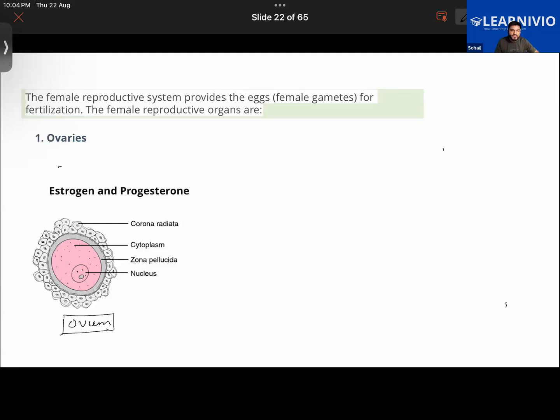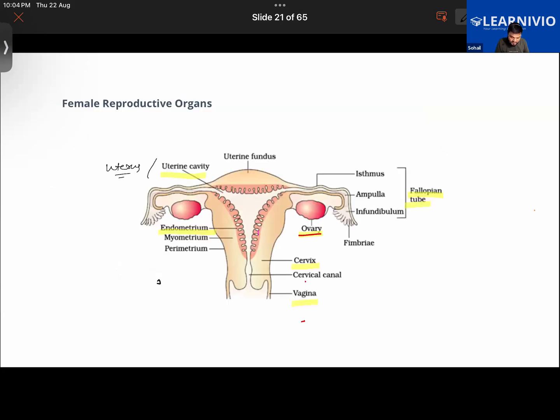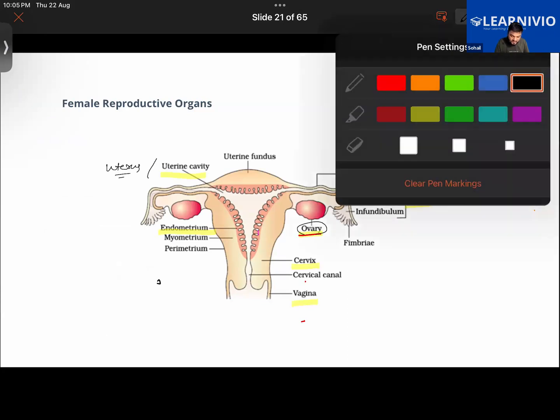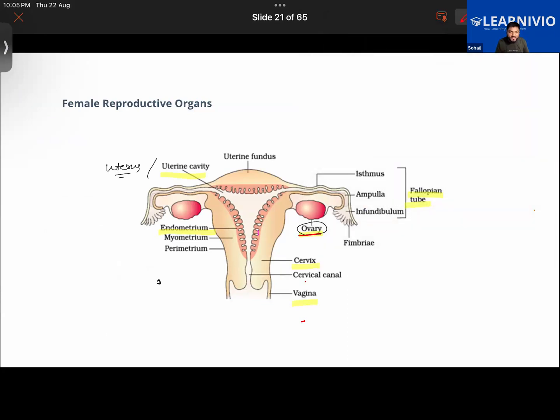Also, at birth, the normal female ovary will contain about 1 to 2 million eggs. But as they grow older, the number of these eggs would be decreasing each month.